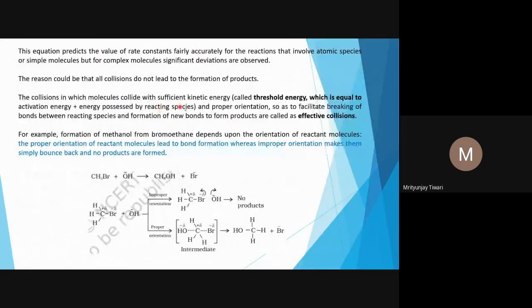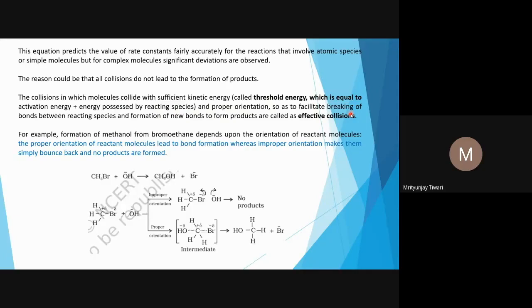So if the molecules of the reactants collide with sufficient kinetic energy, called the threshold energy, and the orientation should also be proper so as to facilitate breaking of the bonds, which has to happen for a chemical reaction between reacting species, and also facilitate the formation of new bonds to form products, such collisions are called effective collisions.